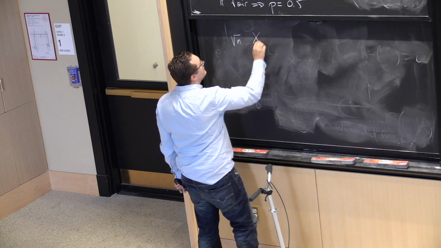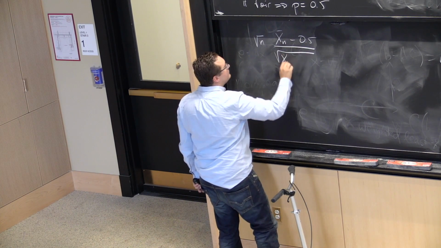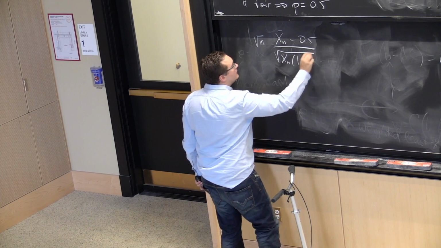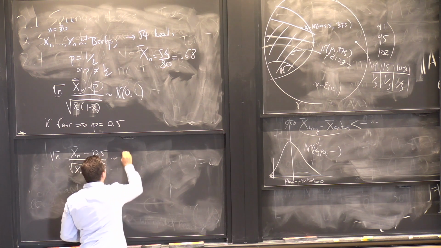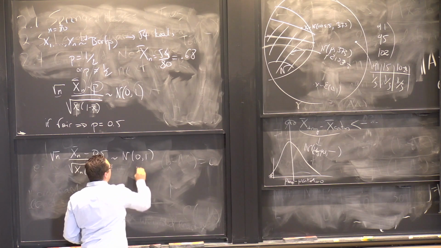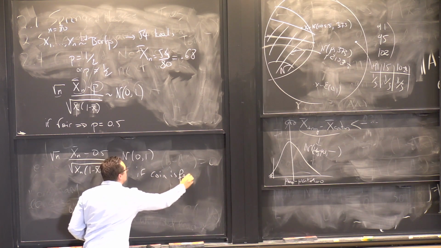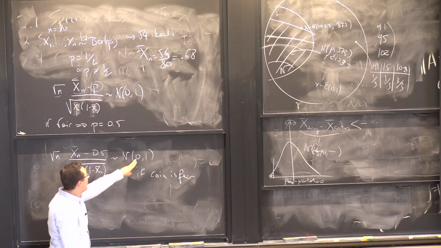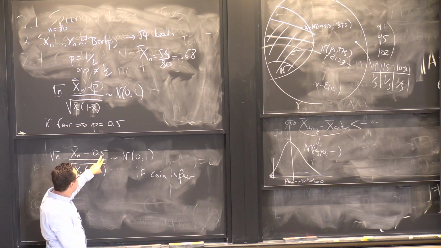Now I'm going to have to look at xn bar minus 0.5 divided by the square root of xn bar(1 minus xn bar). Then this thing is approximately Gaussian N(0,1) if the coin is fair. Otherwise, I'm going to have a mean which is not 0 here, if the coin is something else.